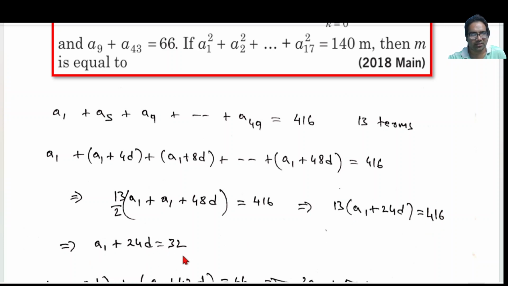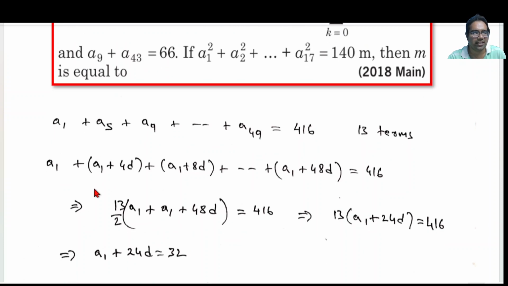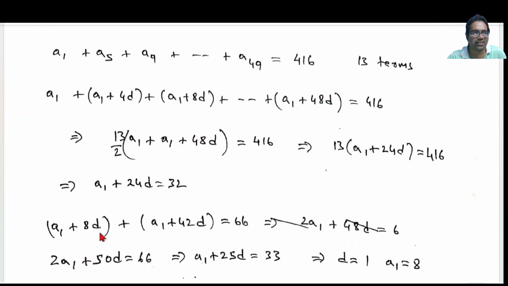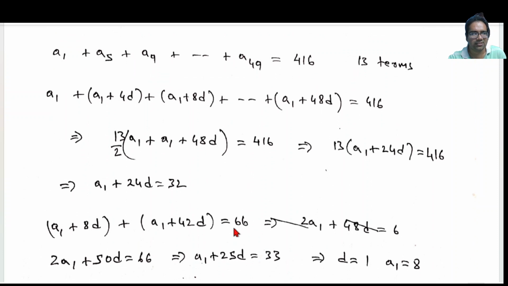Now we are given one more condition, that A9 plus A43 is 66. What is A9? A1 plus 8D. Plus A43, which is A1 plus 42D, equals 66.